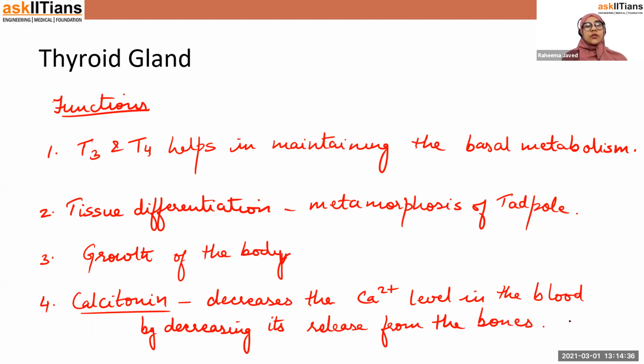Okay, so when the calcium level in the blood decreases, the bones release their calcium ions. Okay, so calcitonin will decrease it so that the bones do not suffer. Okay, so these are the functions.